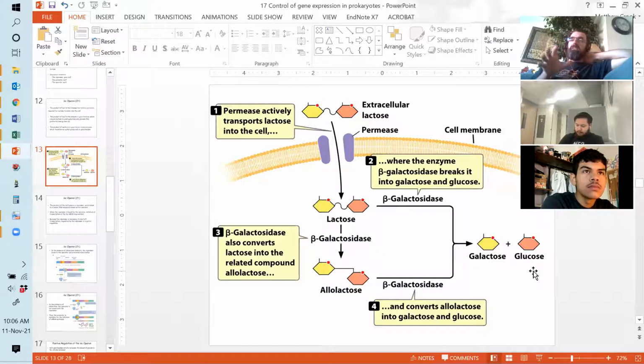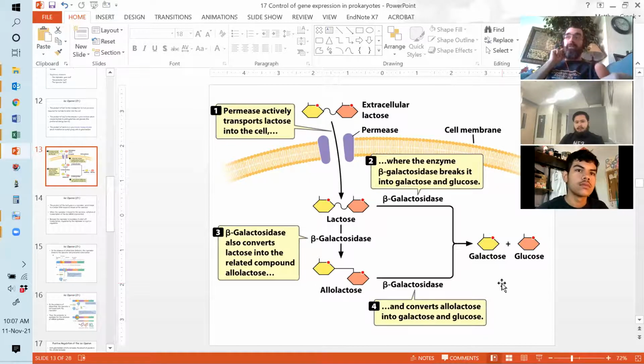And now you need to just start dialing back the expression from the lac operon. Because you still need lactose being turned into glucose, but you don't need quite as much.